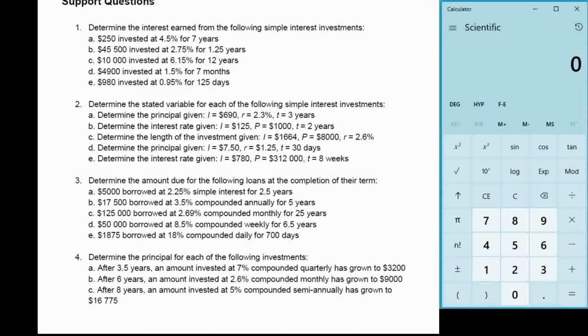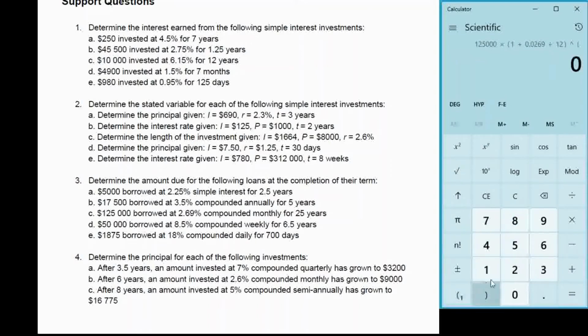Let's look at 3C. $125,000 is borrowed at 2.69%. So 1 plus 0.0269 compounded monthly for 25 years.